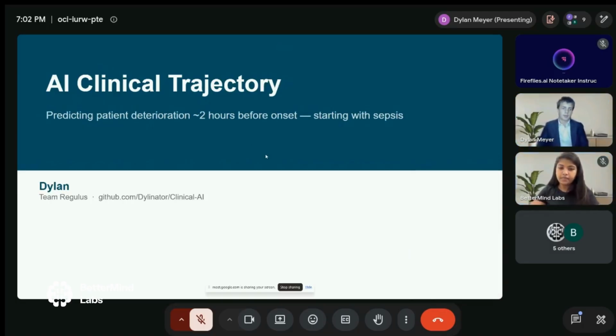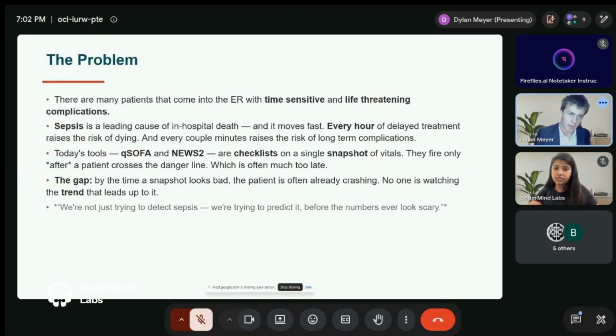All right. As I said before, my name's Dylan, and this is an AI clinical trajectory model. A little bit of background before we get started: I've been in the ER the past 2 months, over 100 hours.